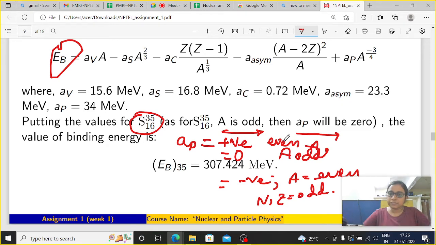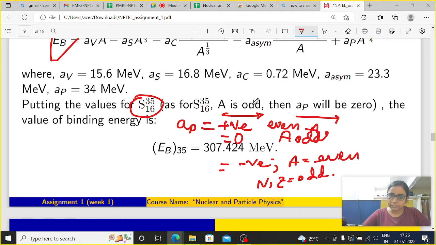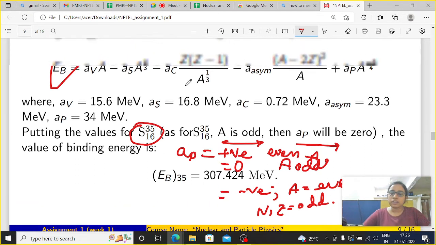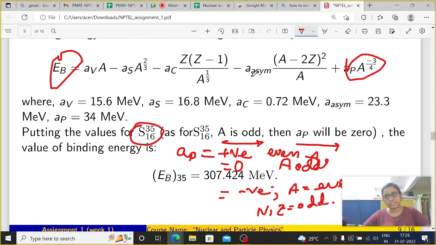So for the first one, 16-35, A is odd, so a_P will be 0. Neglecting the last term, after putting all the values of a_V, a_S, a_C and asymmetry as well as A and Z, we have the binding energy as 307.424 MeV, and I have mentioned here E_B35 means the binding energy for S-16-35.